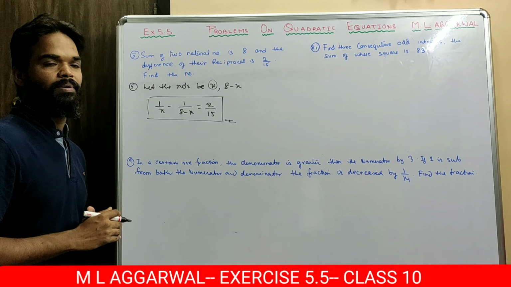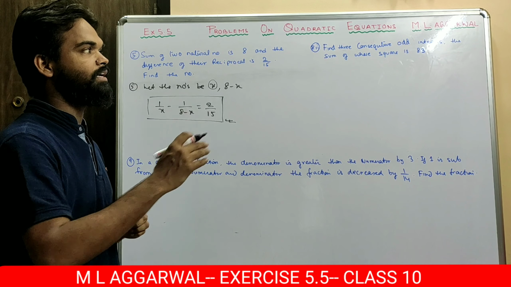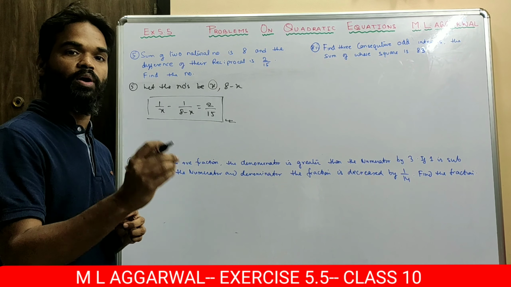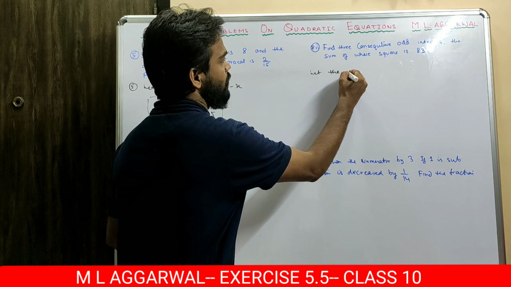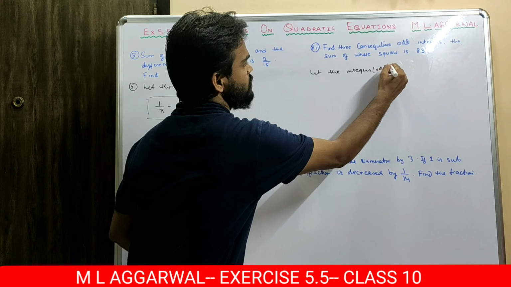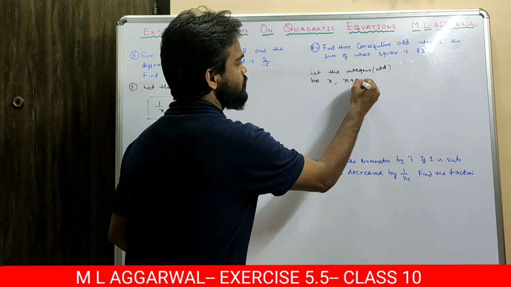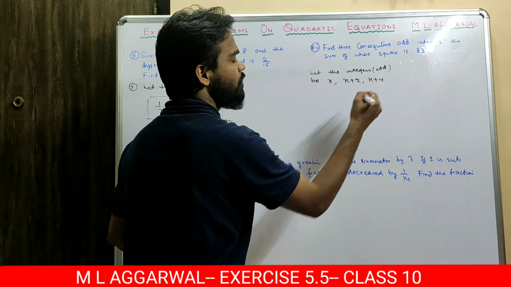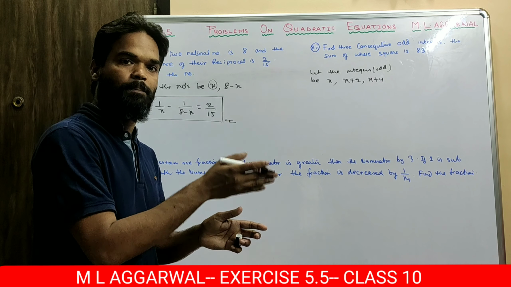Now look at sum number 8 part 2. Find 3 consecutive odd integers, the sum of whose squares is 83. Very easy. Let the odd integers be x, x plus 2, x plus 4. Isn't it? Because if 3 is your first odd integer, then you add 2.